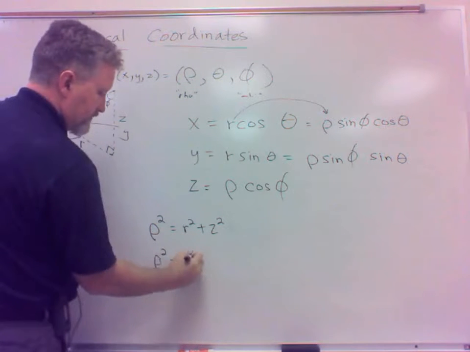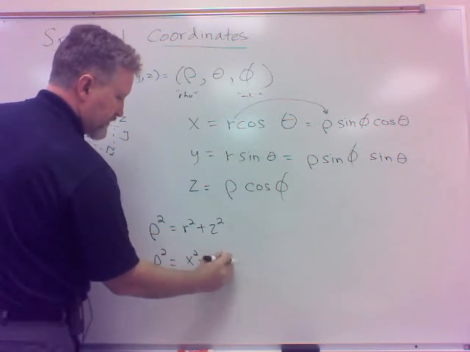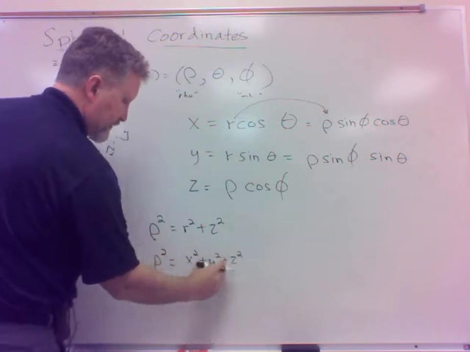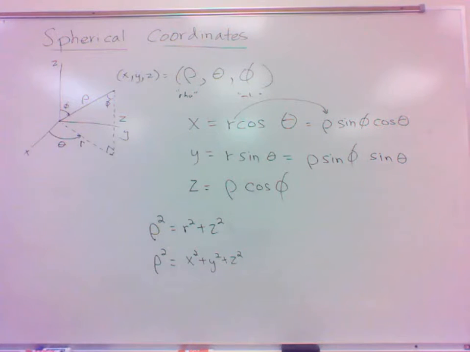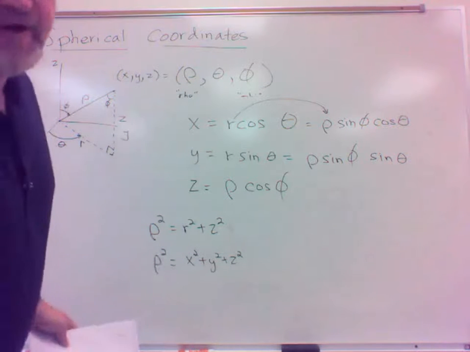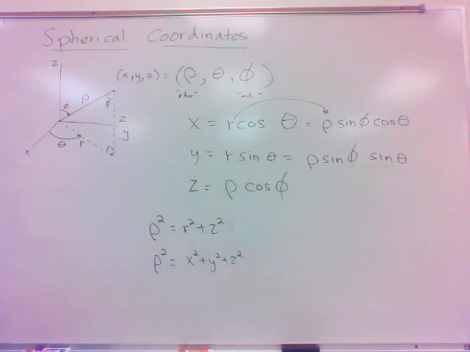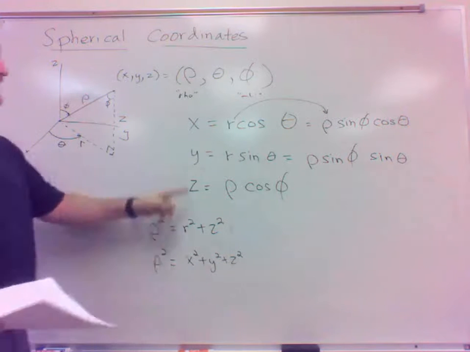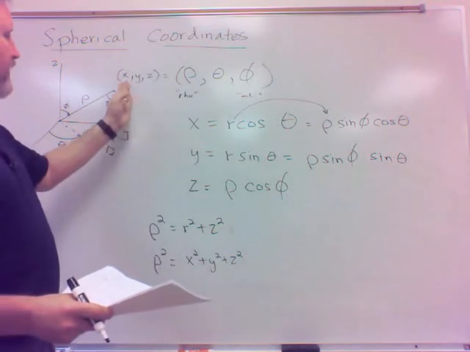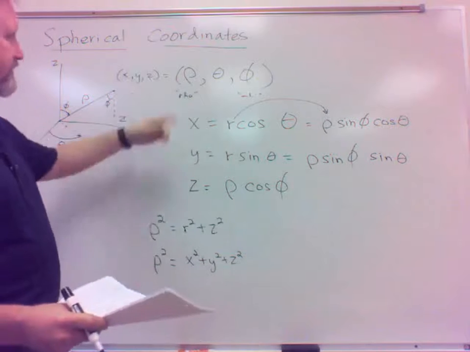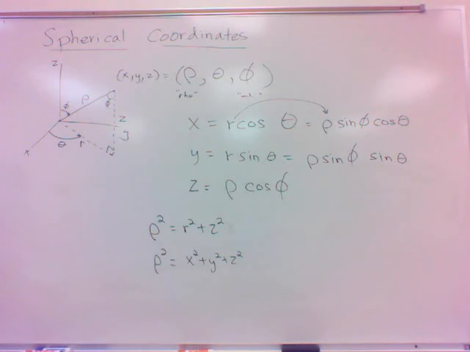So if we make that substitution, we get a nice conversion for rho: rho equals the square root of x squared plus y squared plus z squared. Those all should help us along the way if we need to convert from one to the other. That, of course, helps us if we have Cartesian. This will help us find the rho value, and then we can find the other angles accordingly.